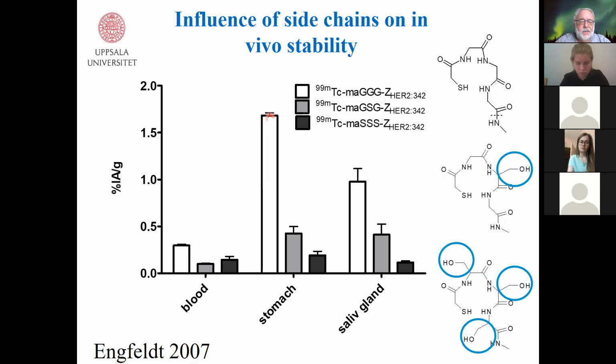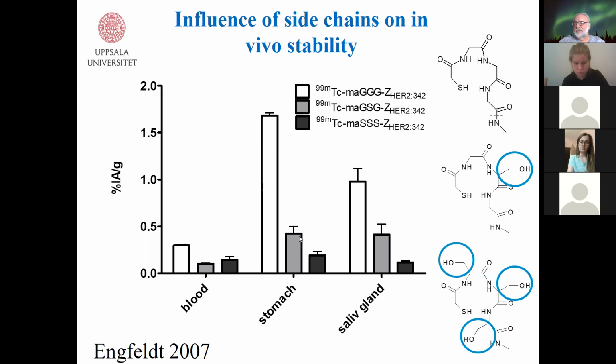We had uptake in stomach and salivary gland in the case of MAG3. It was not awfully high, but it was visible. So that indicated that our complex was not completely stable.